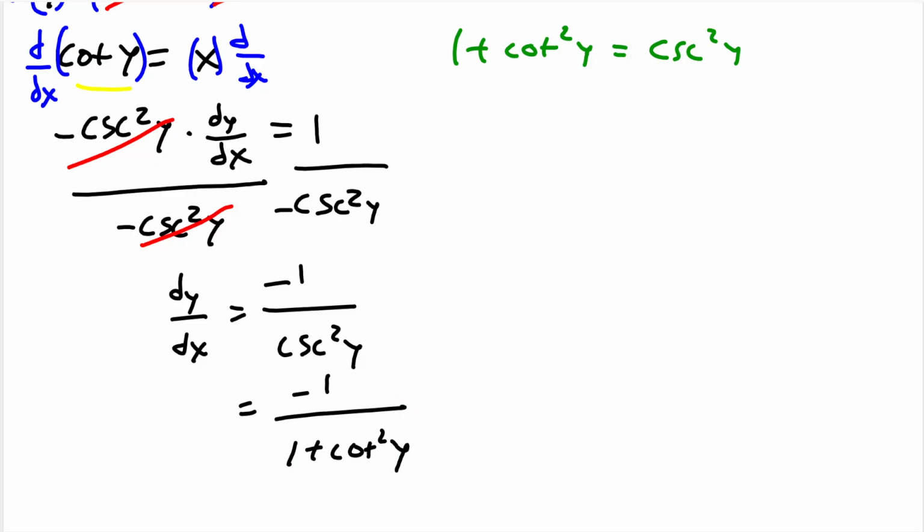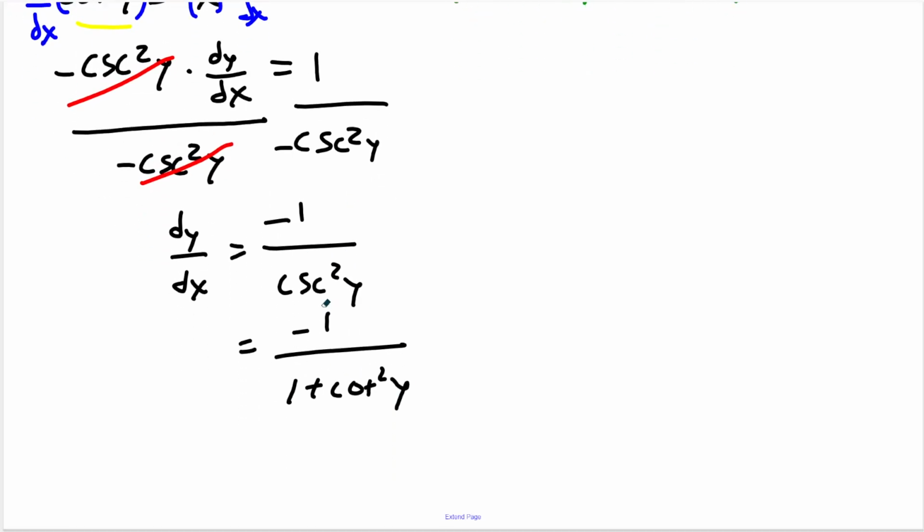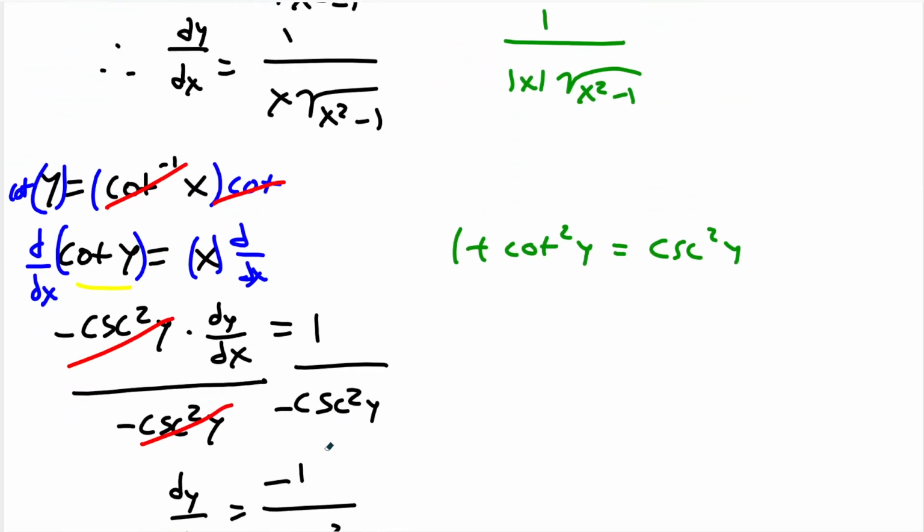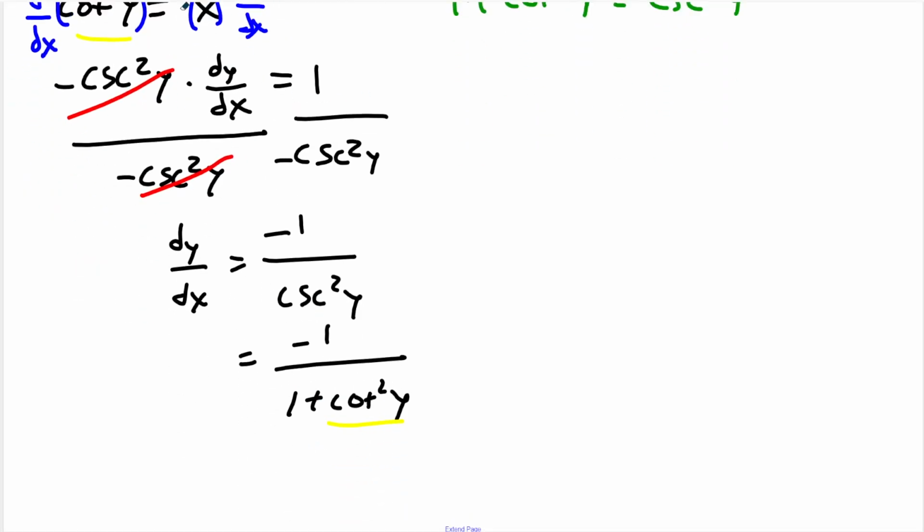Yeah, that makes sense. So now we see a cotangent squared of y here. What relationship do we already have? We have cotangent of y, and I'm going to draw the infamous purple arrow here again. We have cotangent of y equals x.